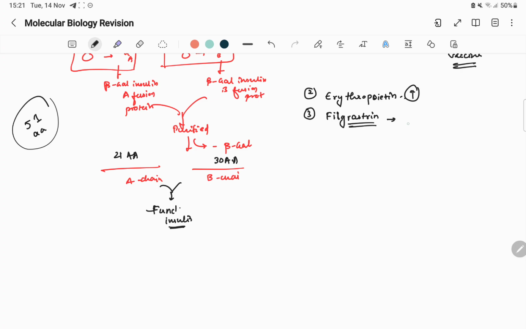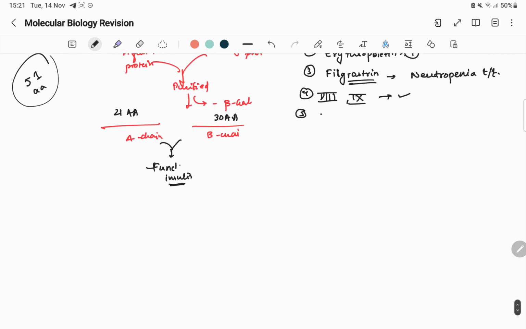Filgrastim is a substance used in the treatment of neutropenia. This is also produced transgenically. Then factor 8 and factor 9 are also produced transgenically, and your interferons are produced transgenically.